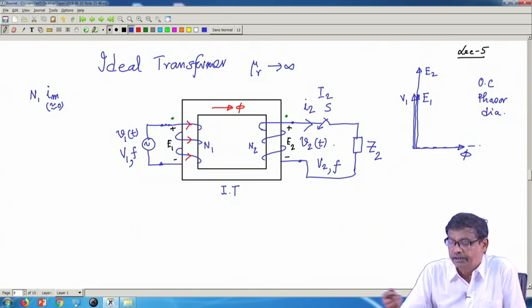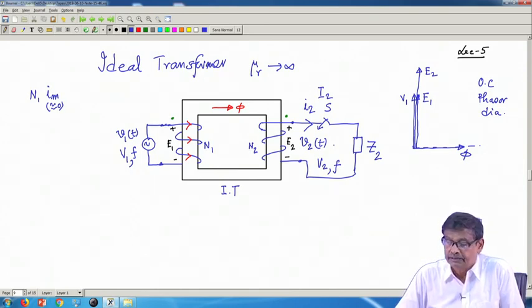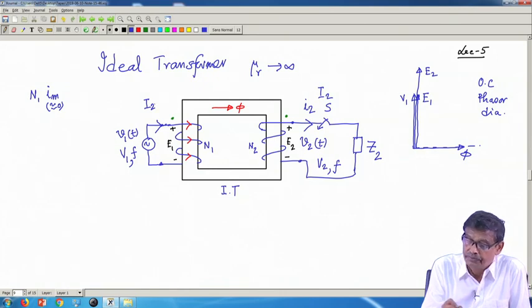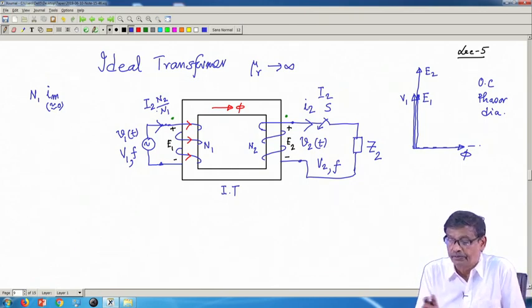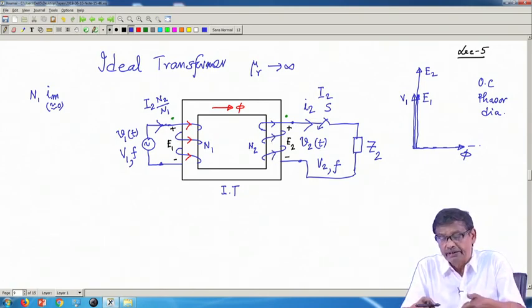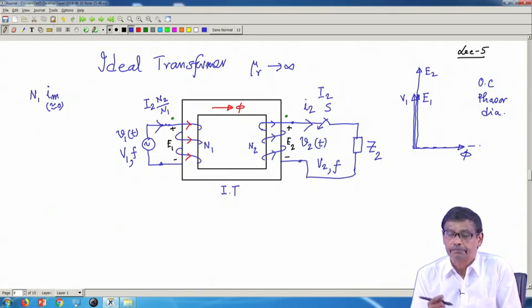But the moment some current is drawn from the secondary, the primary cannot remain silent, cannot sit idle. The primary will also draw an extra current, whose value will be I2 into N2 by N1, and the direction of the current is like this. Therefore, two extra MMFs come into play in this magnetic circuit.